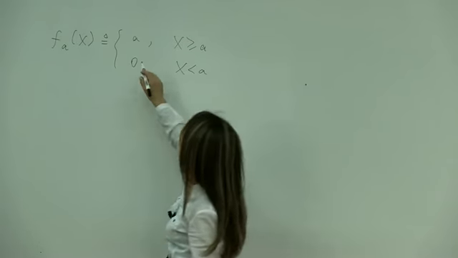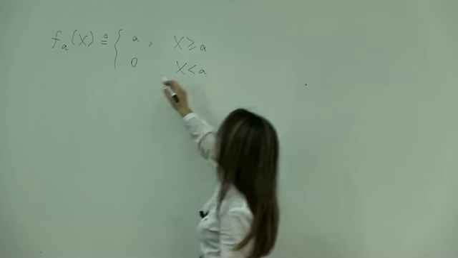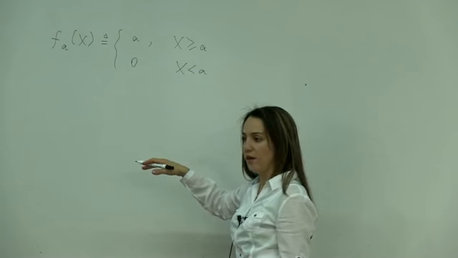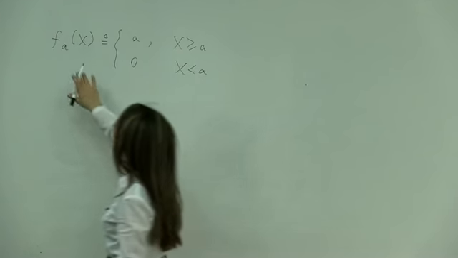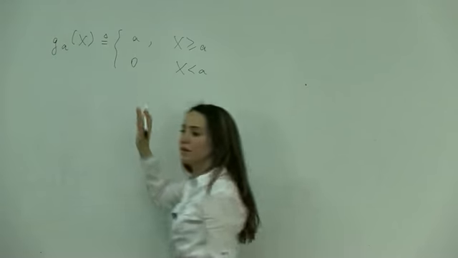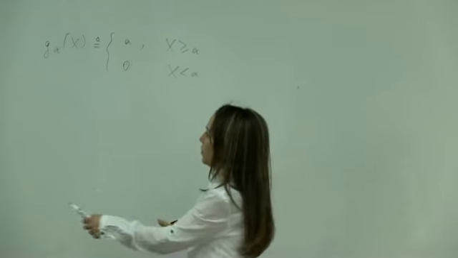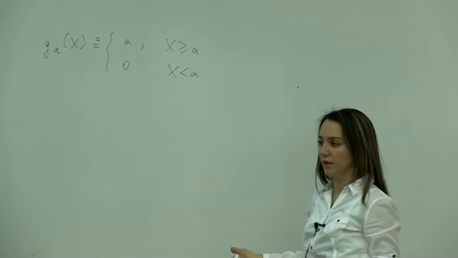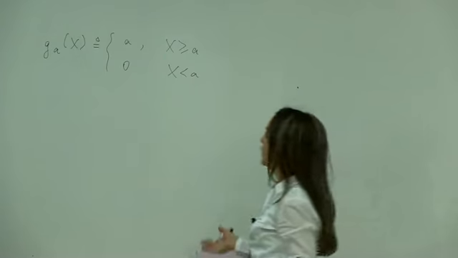If x happens to exceed the level a, g of x is set to a. Yeah, I mean, this is a proof device, okay? I just want to prove this inequality, and this is the way I do it. You can do it in different ways as well.